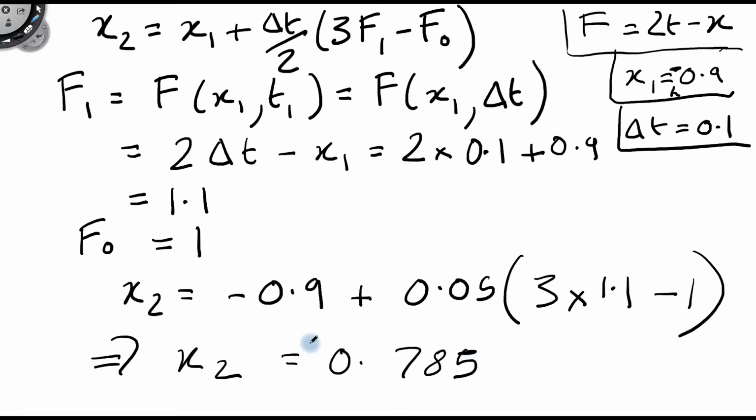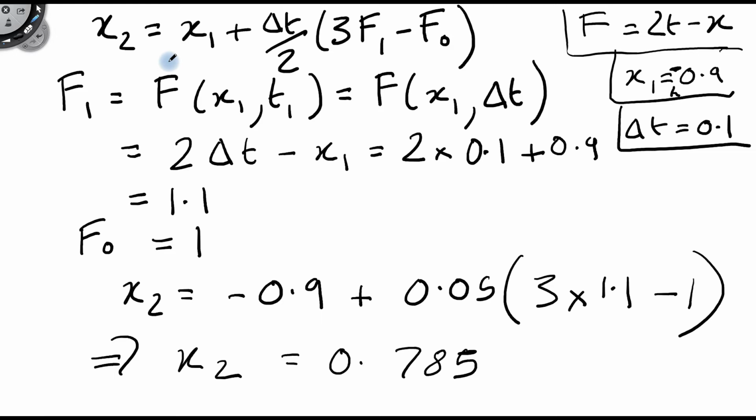So x2 is minus 0.785. So you've got the idea. Once we have the function on the current step and the previous step, it's easy. We just wind it forward using those values on the step.